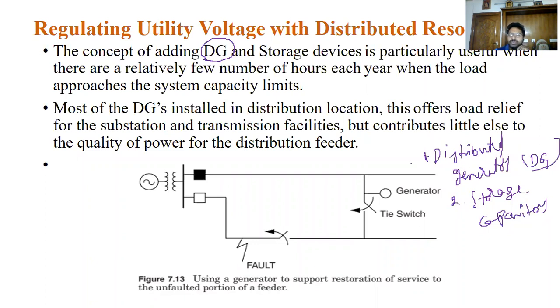Today we are going to discuss the distributed generators. What is the use of these distributed generators? How are they connected to the system, and how do they act to reduce the voltage regulation problem in the system?